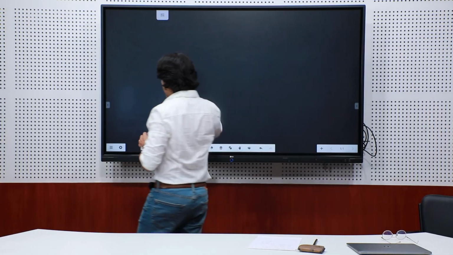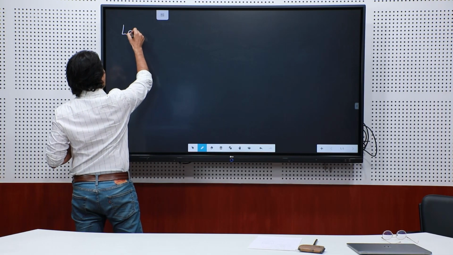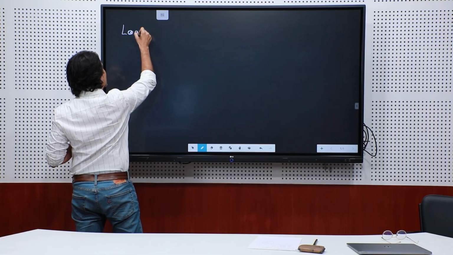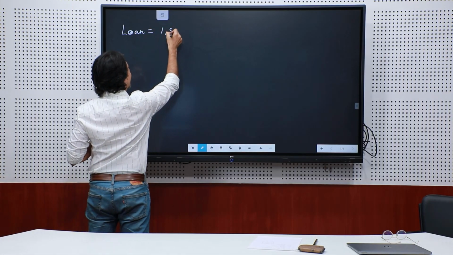So, let me write down an instance and an example. Let us assume that the amount of loan is a small amount, 1,50,000. So, the amount that you want to borrow as loan is 1,50,000.